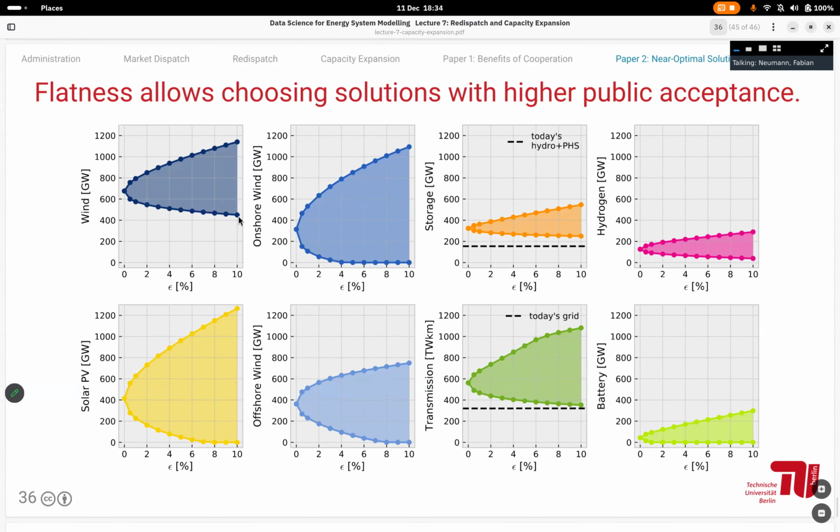But you could see that in principle, if you have a model that you trust, you could say, okay, I definitely want to stay within 10%. Well, then I need at least that amount of solar, and I cannot build more than that. Although I think the lower boundary is in many cases just more interesting.